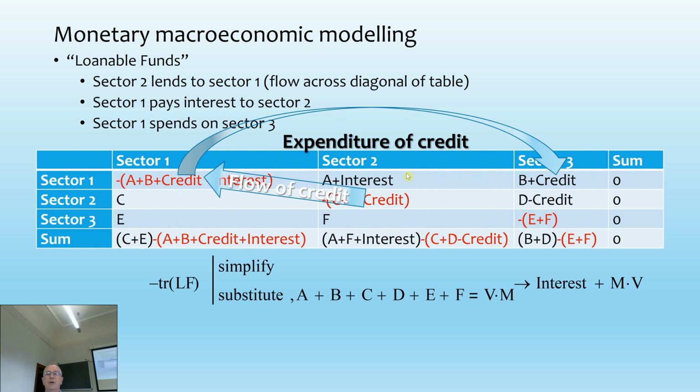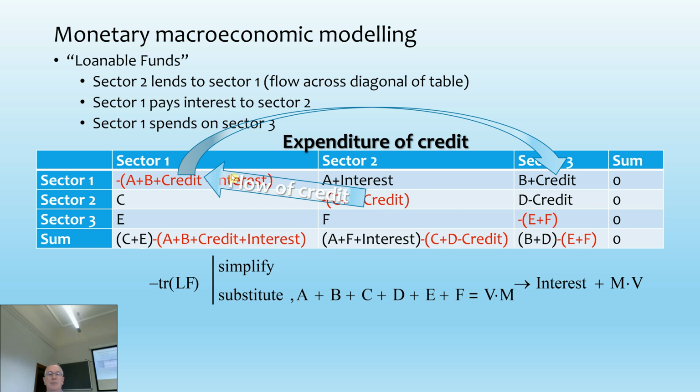And what you see is credit turns up as a positive and a negative when you look along the horizontal and you look along the diagonal, in both ways. So credit cancels out. You do the mathematics, credit cancels out. So I'm using a symbolic mathematics program here to show that if you just take the negative of the trace and do the same substitution, credit drops out, but interest does not.